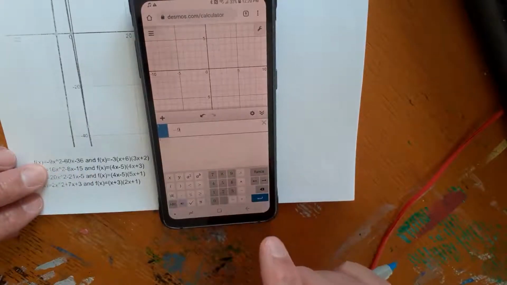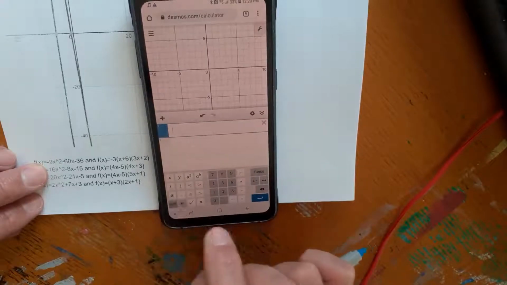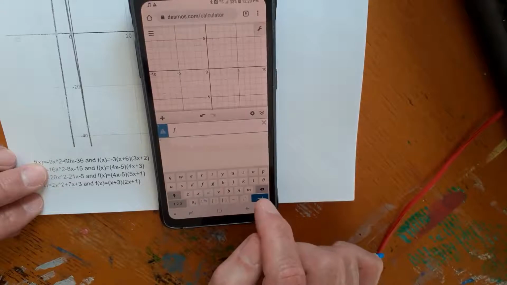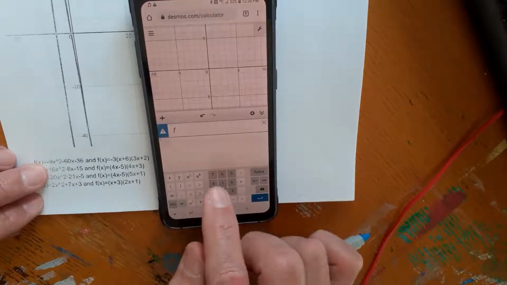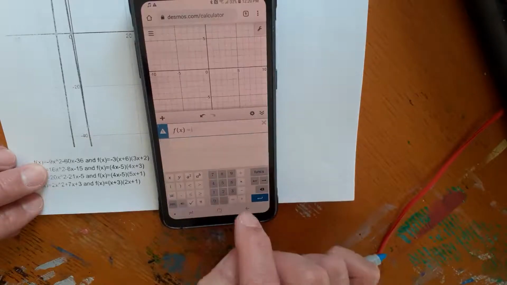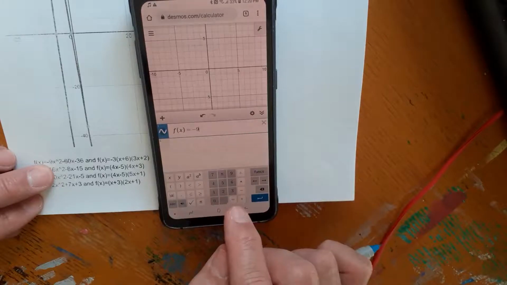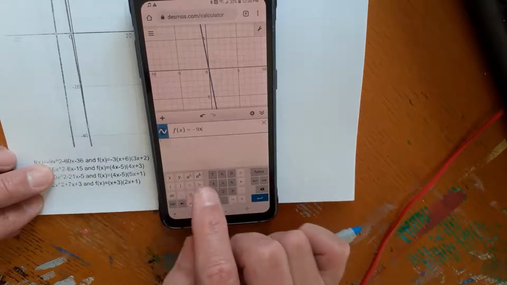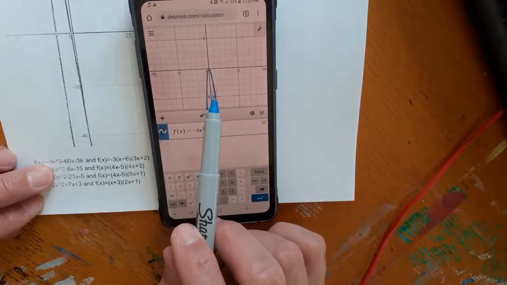It's minus 9. Wait, clear that out. We need f of x equals. Now we're going to type in negative 9x, and we're going to square it. Notice it's already showing us a parabola.